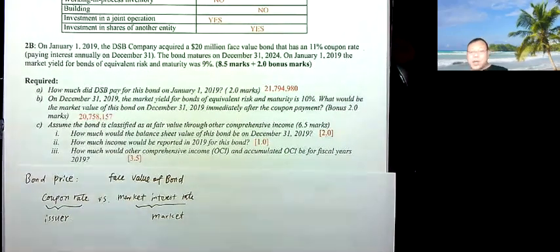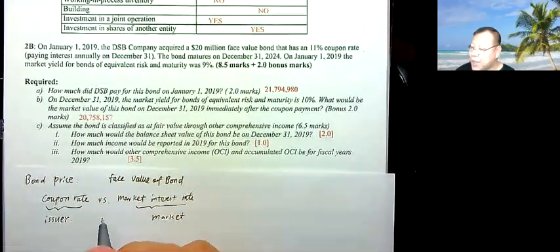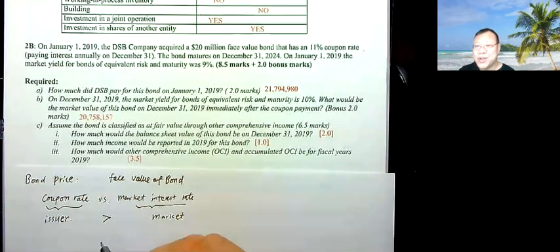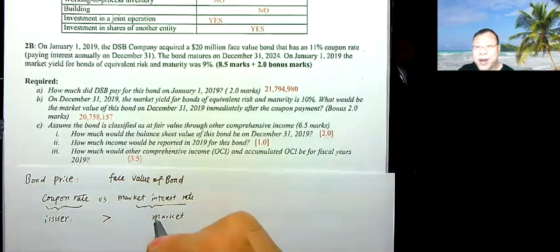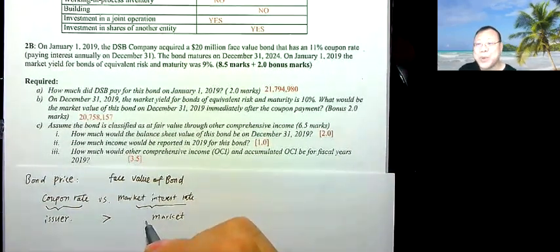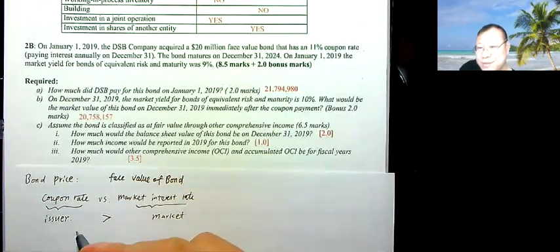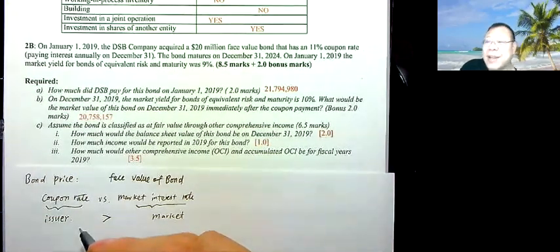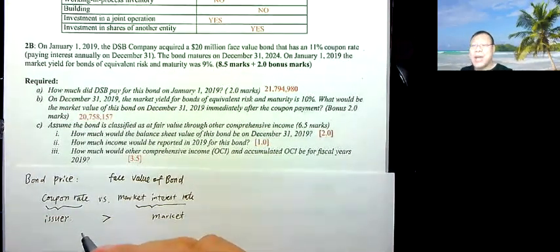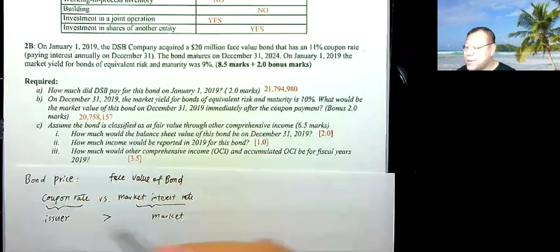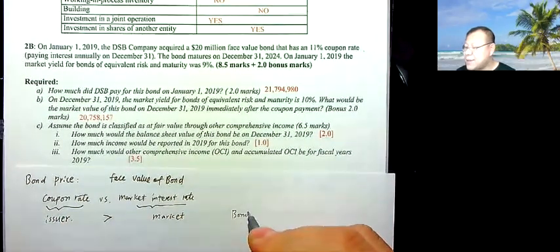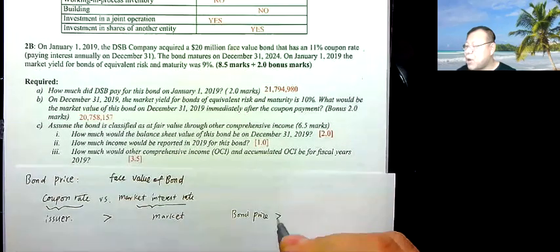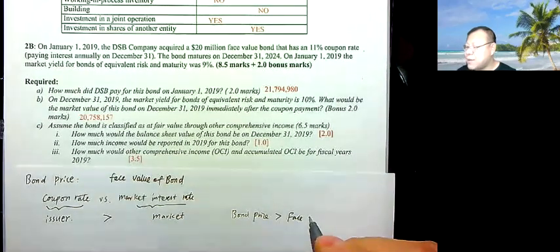If the issuer gave a better interest rate than the market, then everyone will want this kind of bond because it has a better interest rate. And then the price will be higher.